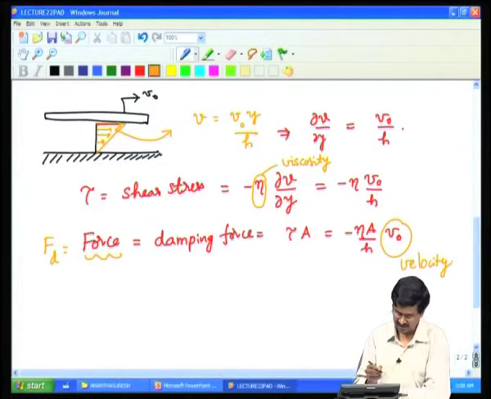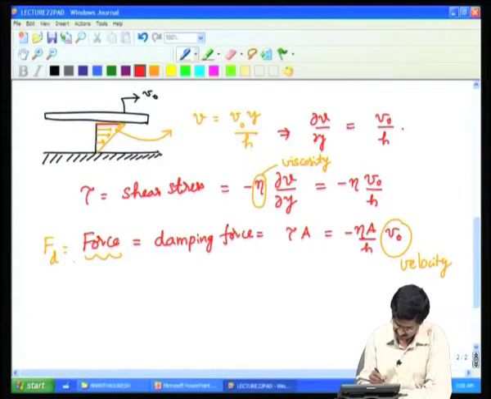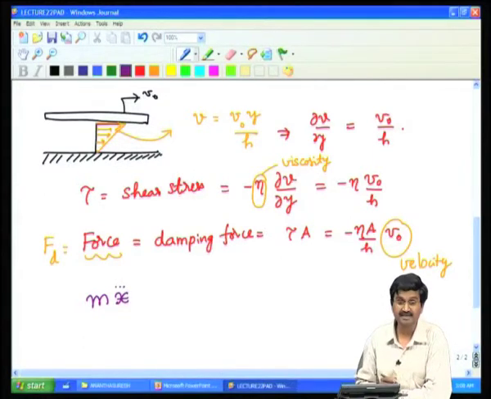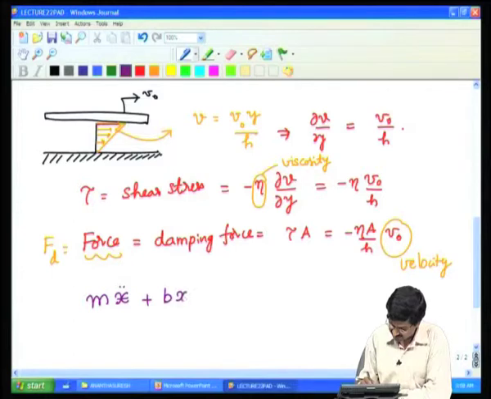If you recall the expression we wrote for the one-dimensional model: m times x double dot, the second derivative of displacement, which is acceleration, times mass, is the inertia force, plus b x dot, that is some b times velocity, plus k times displacement, which is a spring force, equal to the forcing function.